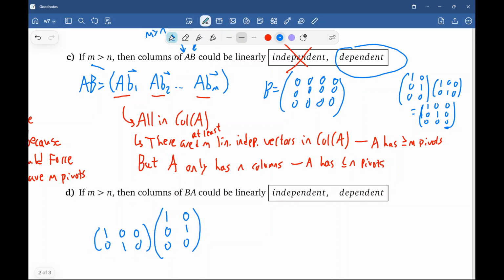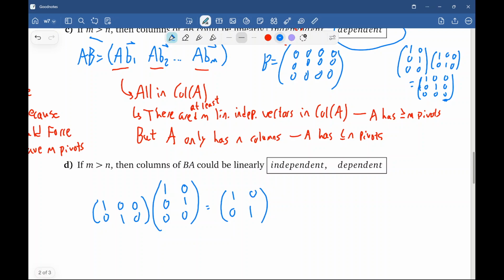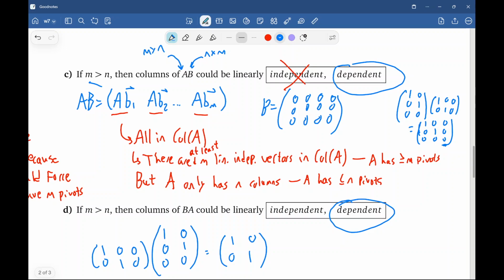Okay, what is this equal to? This first entry is 1, this second entry is 0, this entry is 0, this entry is 1. Okay, those are definitely linearly independent.